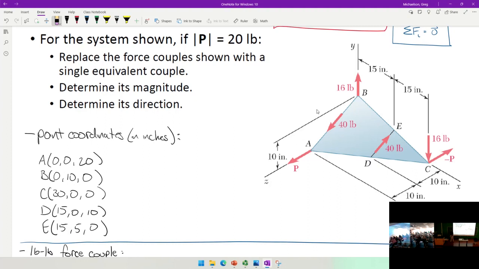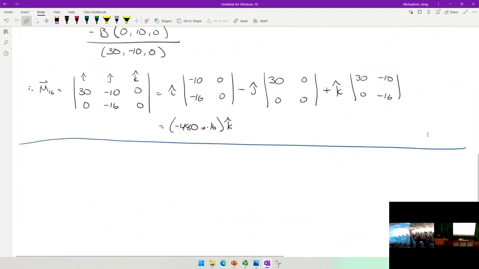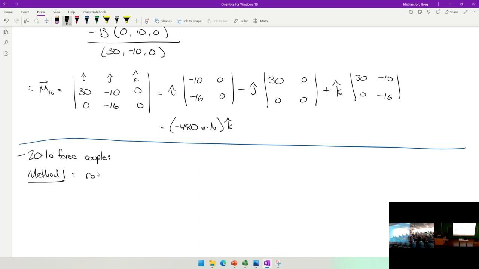Let's write those down. So, method one. Rotation about J. We have rotation that does follow the right-hand rule, i.e. positive.